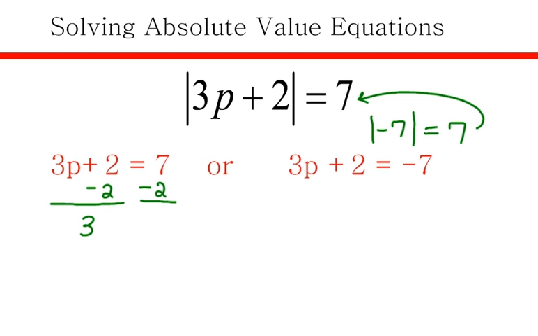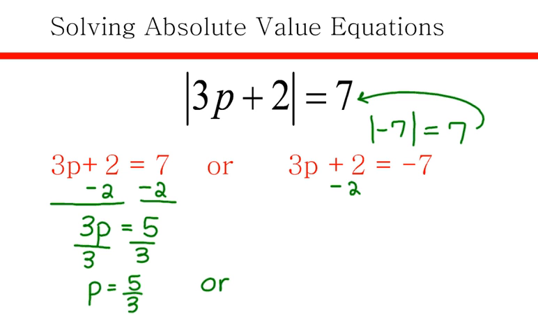I'll take 2 away from both sides. That leaves me 3p equals 5. And at this point, I would divide both sides by 3. So p equals 5/3. Or, and that's important, I need to still consider my other option.